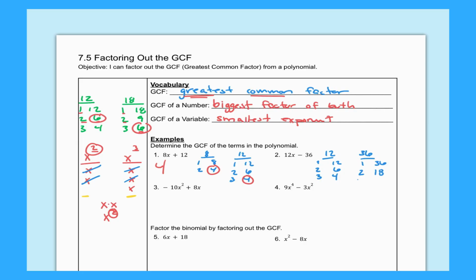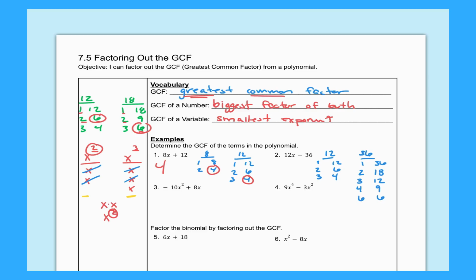If I do 36 divided by 3, I get 12, which means 3 and 12 are both factors. If I do 36 divided by 4, I get 9, so 4 and 9 are factors. If I do 36 divided by 5, I get a decimal. So that means that 5 is not a factor. So then I move on to 6. 36 divided by 6 is exactly 6.